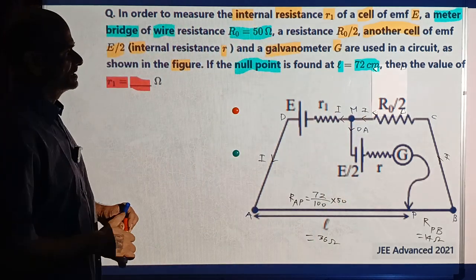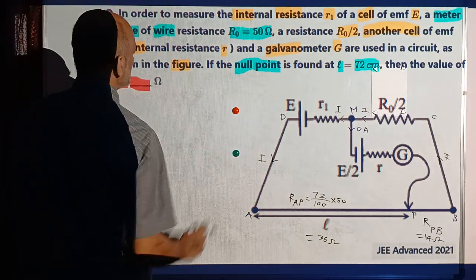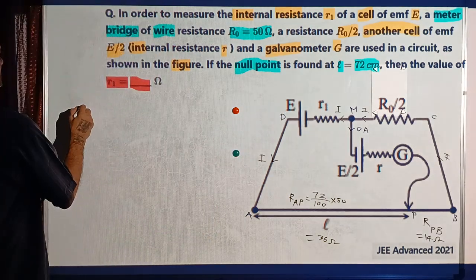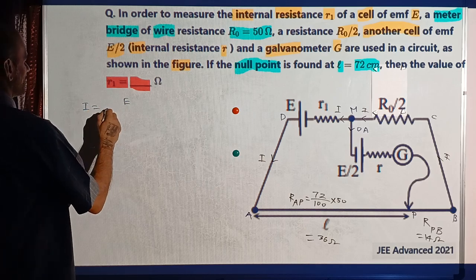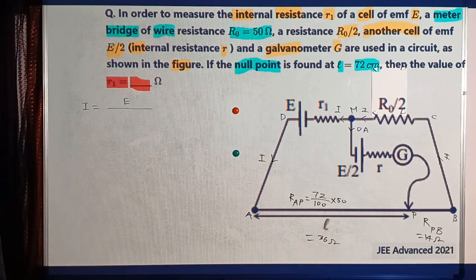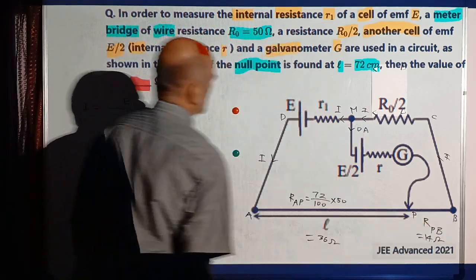So we can find this current in terms of this cell EMF. So the current is the cell EMF E, which is driving the current, divided by the total resistance of the path, which is R1 plus R0 by 2, plus this wire resistance, which is R0.